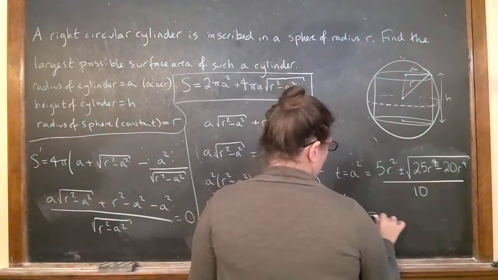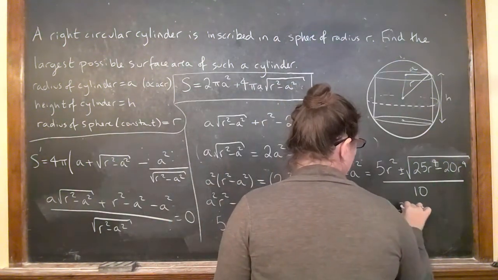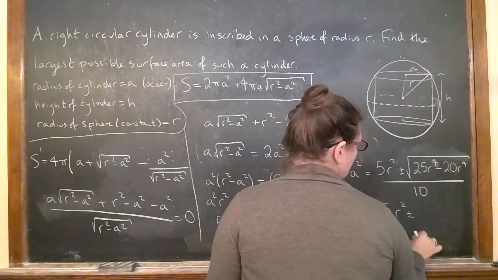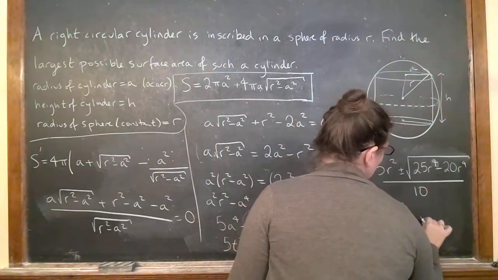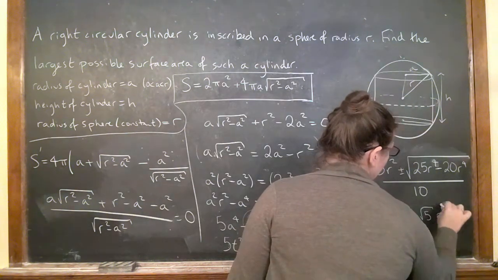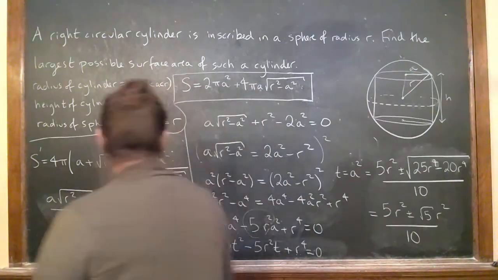All right, so what is that? 5r squared plus or minus, okay, this is root 5 r to the fourth, so root 5 r squared over 10.